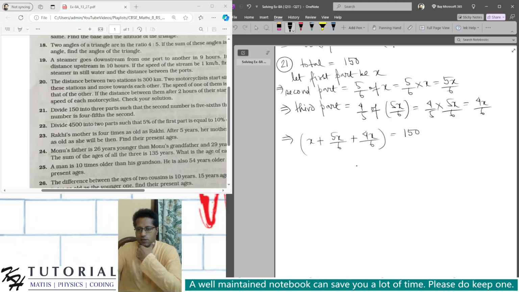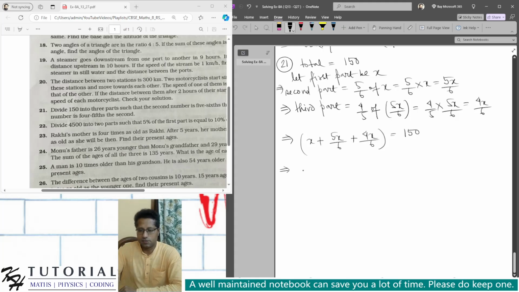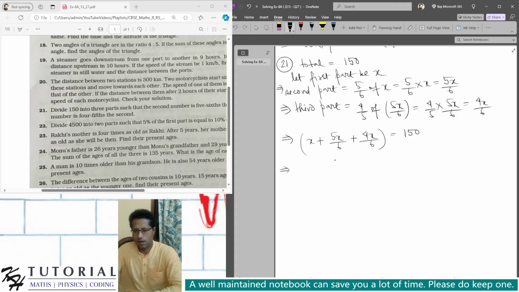We can see there are two rational terms, 5x/6 and 4x/6, with the denominator 6. There are two ways you can solve this. Either you do the sum of the three terms on the LHS, or you multiply both the LHS and RHS by 6, that is the LCM of the denominators of the rational terms.